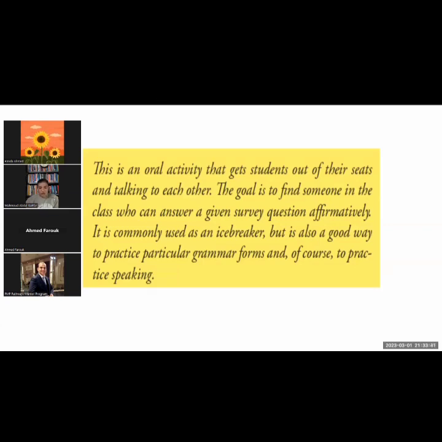It is commonly used as an icebreaker, but it is also a good way to practice particular grammatical forms, as I told you, for example the present continuous tense. Of course, it also practices speaking. When students stand up and talk to each other, they are breaking the ice between them. The classroom might be noisy, but it's a healthy noise.